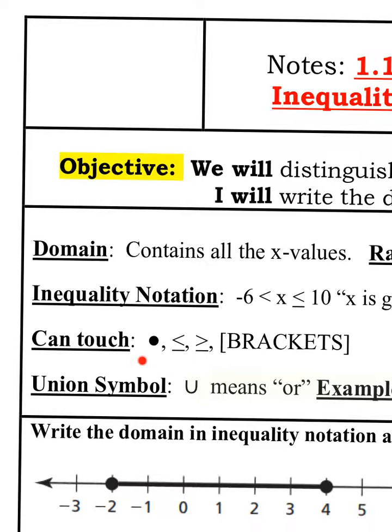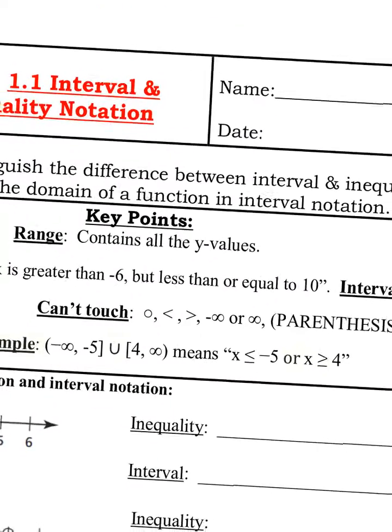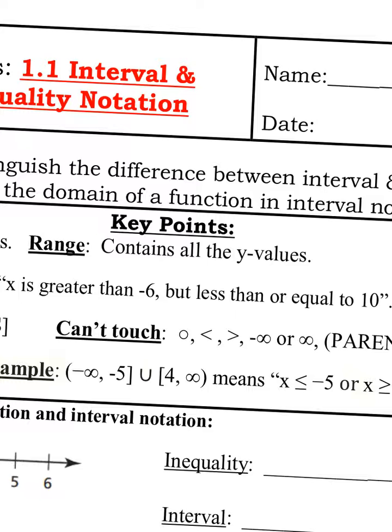Other ways you might see it, if you're looking at a number line, you'll see a closed dot. And then, of course, the underlined symbols, which I was just discussing in this example. The underlined inequality symbols, that means you can touch it. So, what means you can't touch? Open circles, non-underlined inequality symbols, infinity symbols. If you're not aware, these are infinity symbols.